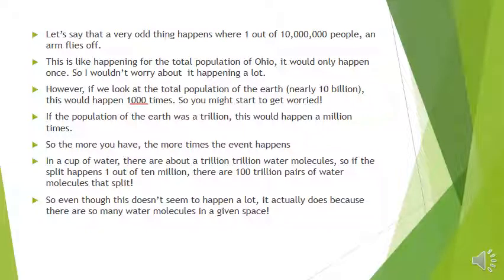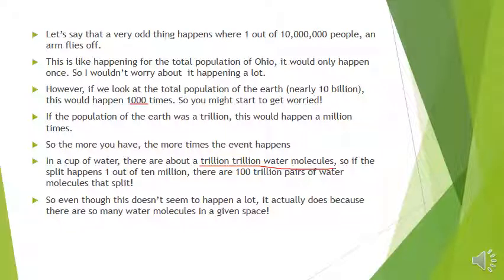If the population of Earth was 1 trillion, hopefully it won't get there, this event would happen 1 million times, which sounds a little bit scary. Even though the odds stay the same, it happens more often. So the more you have, the more the event happens.